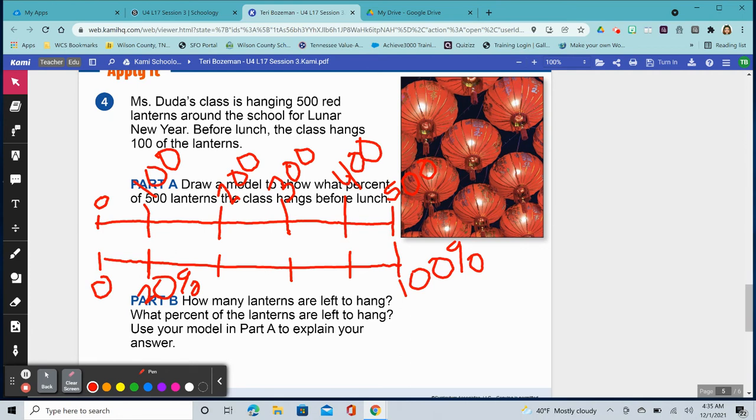So part B says, how many lanterns are left to hang? What percent of the lanterns are left to hang? Use your model in part A to explain your answer. So out of 500 lanterns, they've planted 100. So out of 500, they no longer have to do 100 of them.